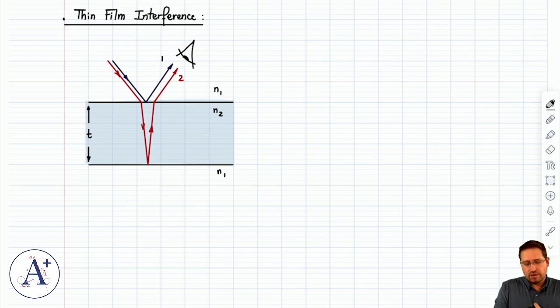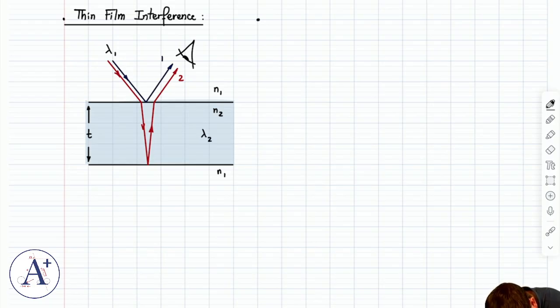Number two, the wavelength that we're going to care about is the wavelength measured in the film, which means that I'm going to call this lambda 1 for the light that's traveling in air, and usually that's what you're given. Okay, we'll tell you, oh, red light is 700 nanometers or whatever. Well, yeah, it's 700 nanometers in air, but red light in water is not 700 nanometers. The wavelength changes. And so the wavelength as measured within the film is going to be lambda 2.